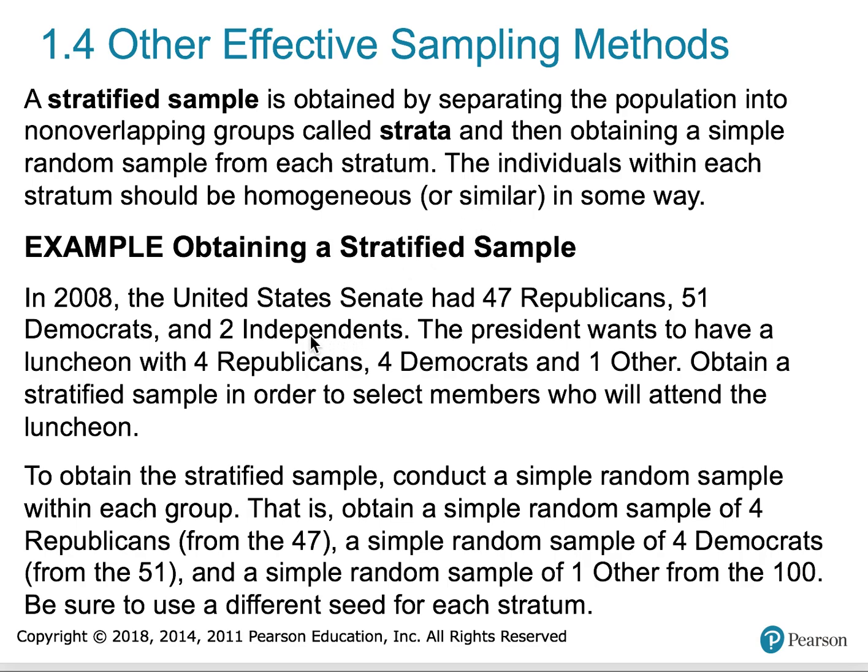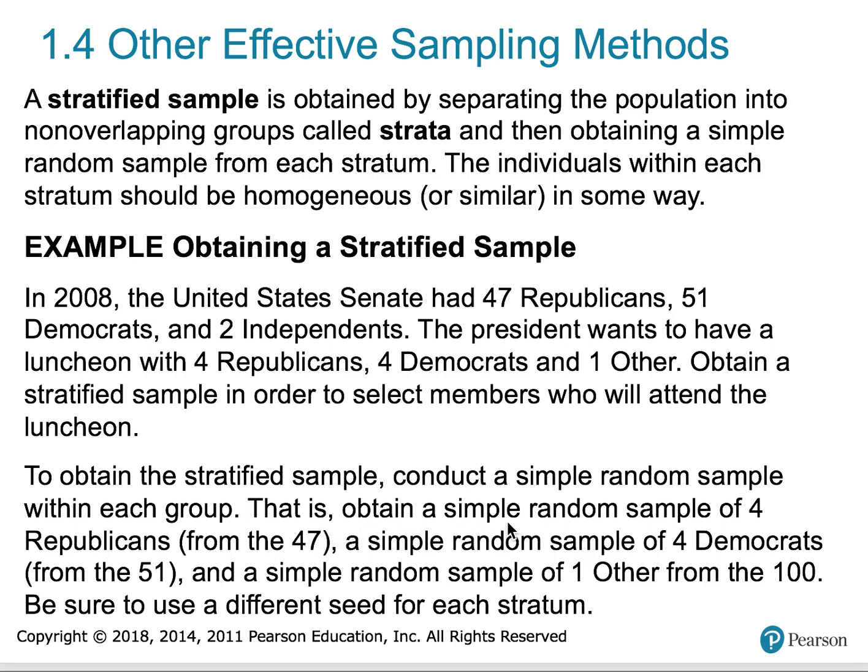Here's an example. In 2008, the United States Senate had 47 Republicans, 51 Democrats, and 2 independents. The president wants to have a luncheon with 4 Republicans, 4 Democrats, and 1 other. Obtain a stratified sample in order to select members who will attend the luncheon. So to get a stratified sample, you're going to conduct a simple random sample within each group.